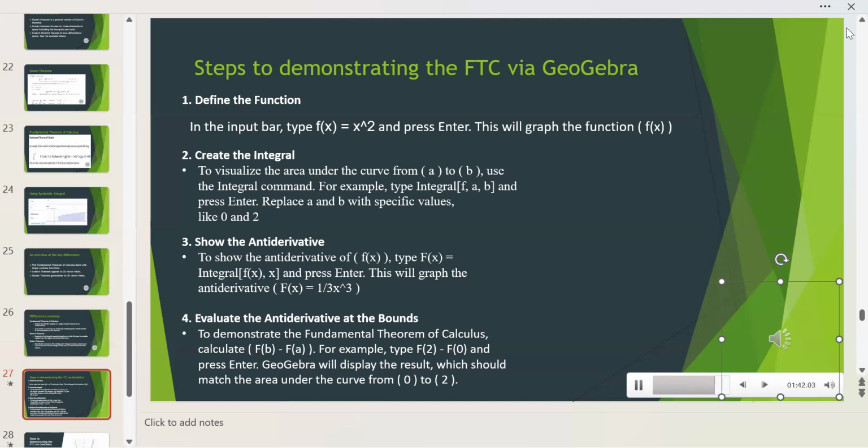And to evaluate the antiderivative at the bounds, you simply do F of b, which in the case of my example would be F of 2 minus F of 0, and you should be able to see the result displayed on your GeoGebra screen.